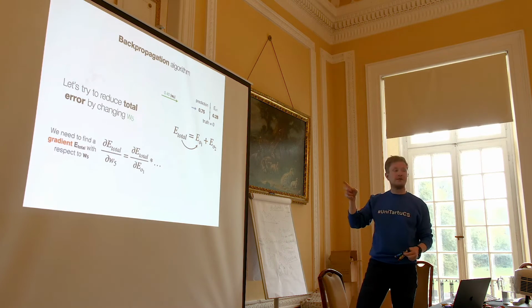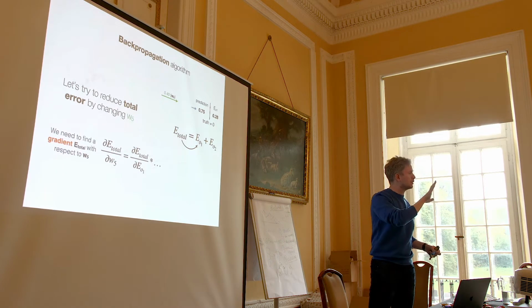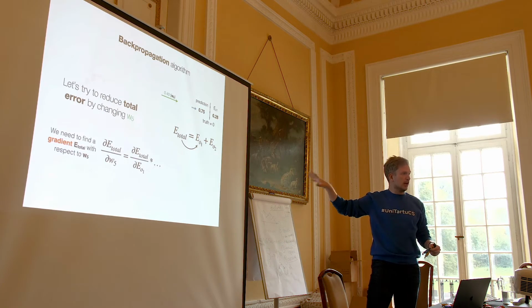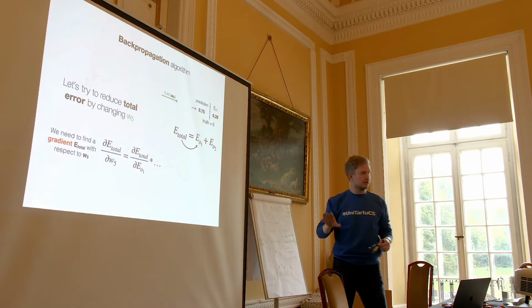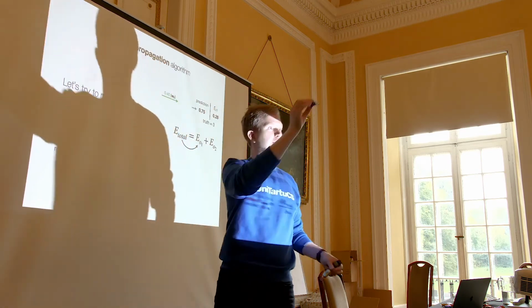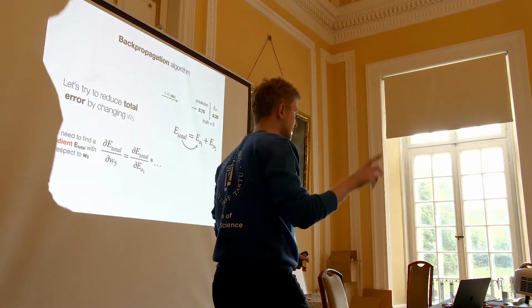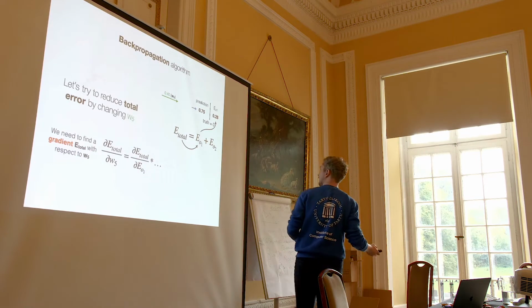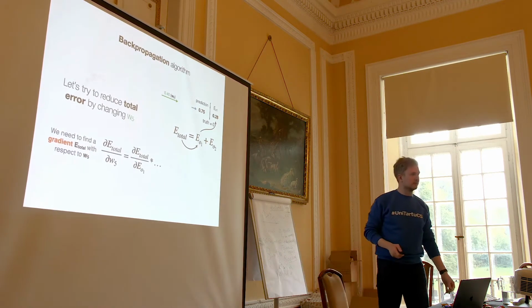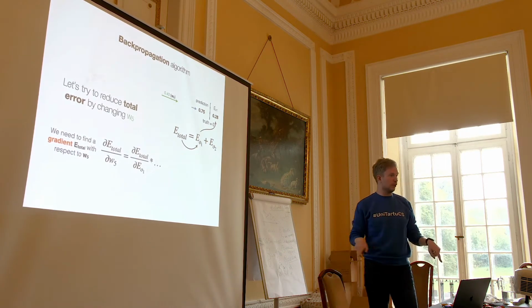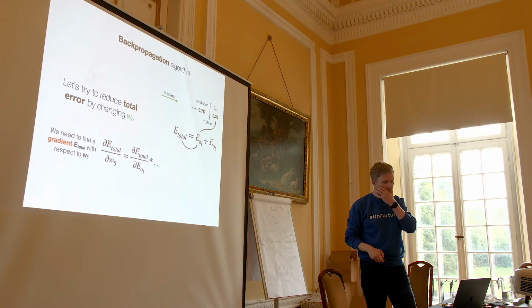Because W5 has no influence whatsoever on EO2. There is no influence. If it were W1, for example, it would be going both ways. Yes, you're right. So here I'm going to EO1.